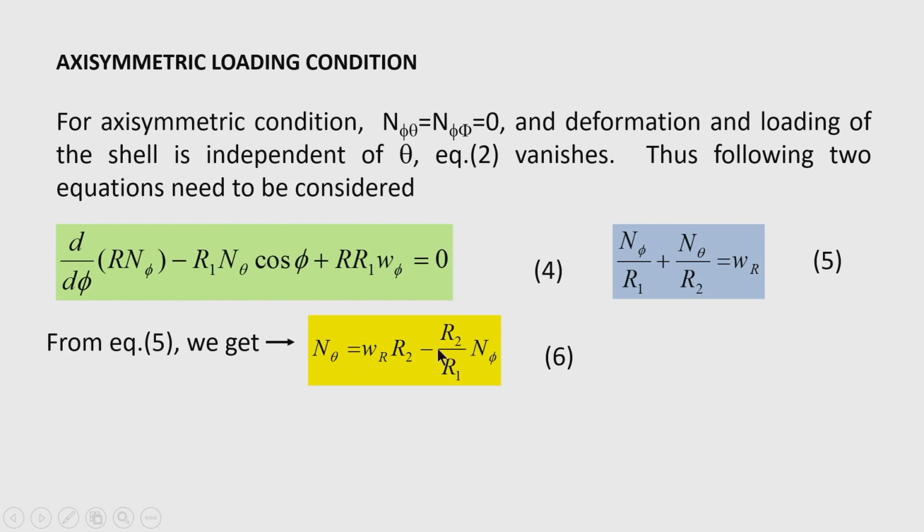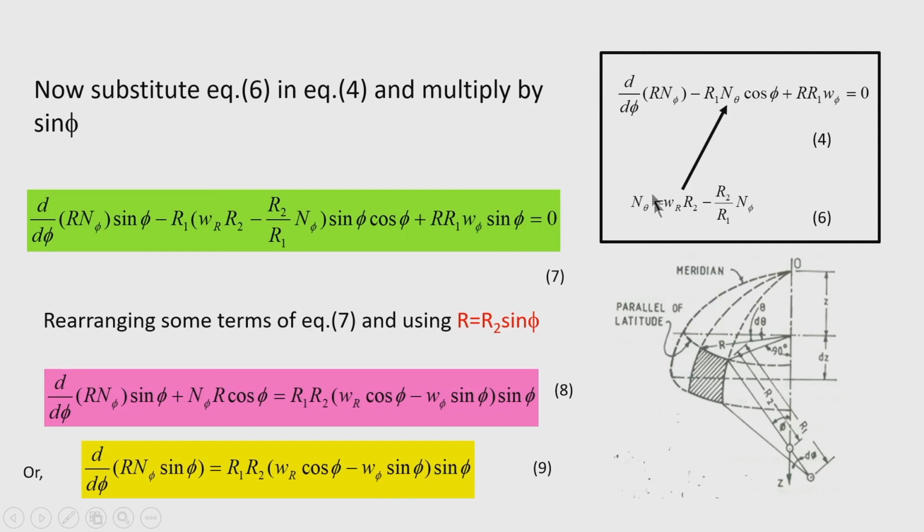Then we substitute this, that is we obtain n theta equal to W r r 2 minus r 2 by r 1 n phi into this differential equation, and then we get this equation as d d phi, because now we remove the partial derivative sign, because it now becomes an axisymmetrical condition. So, it is not dependent on these two quantities, that phi and theta.